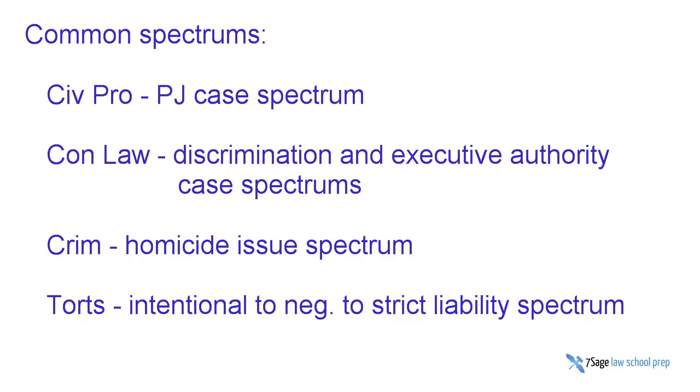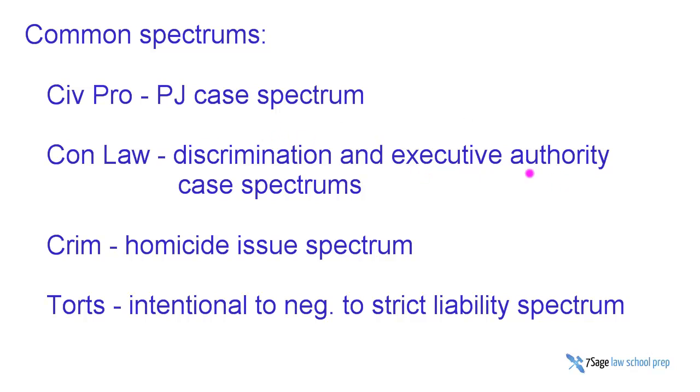In the area of con law, you've got discrimination cases and executive authority cases that also fall along spectrums. With discrimination, you can have a spectrum of protected classes from very protected, race, sex, something in the middle like sexual orientation, to non-protected classes like profession maybe.